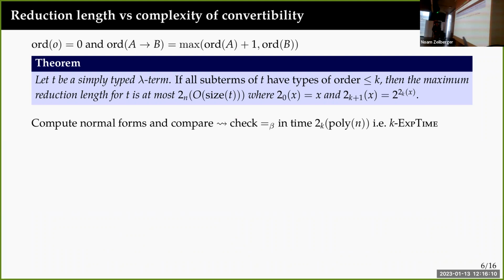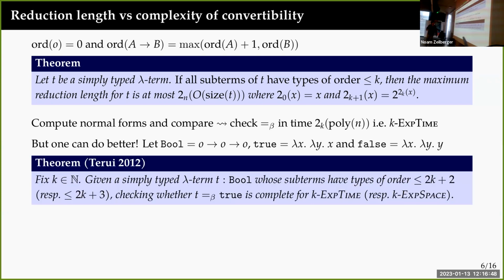If you do this naive algorithm, you compute the normal forms and compare, for terms whose subterms have order lower than k, you can check convertibility in time a tower of exponentials of height k, ending on a polynomial in n. And so this means that you're in kEXP time, when you have a fixed k. This is a class called kEXP time.